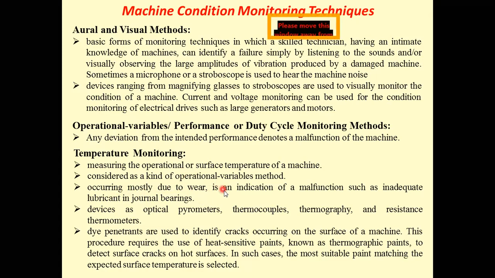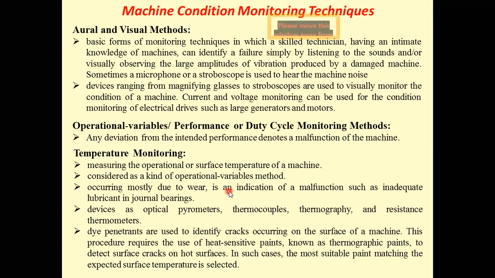is an indication that there is a malfunction, such as inadequate lubricant in the case of a journal bearing. So in case of a journal bearing, if there is an increase in temperature, it is mostly because of wear.